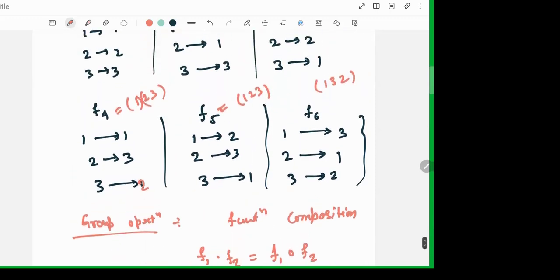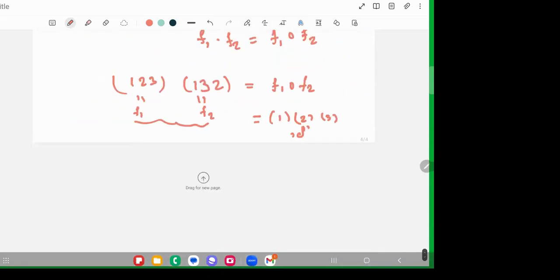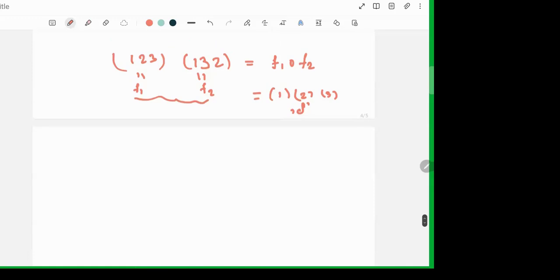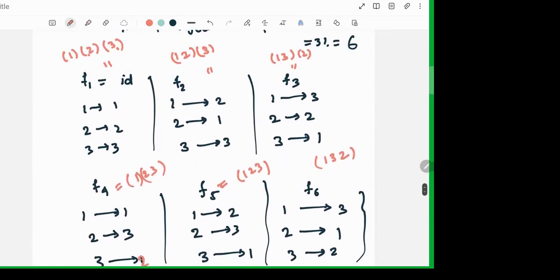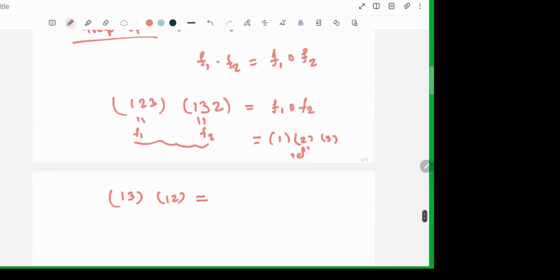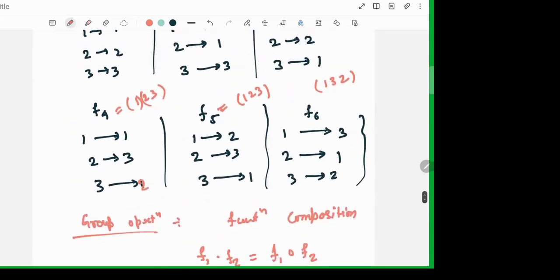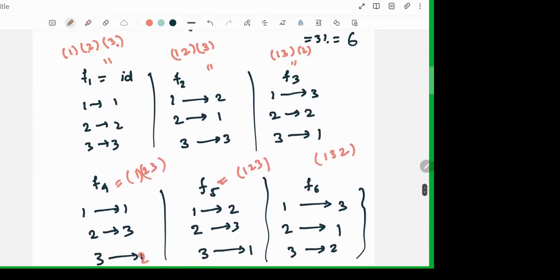Now you got how to compose, basically, without writing functions and all that, just by seeing the cycles in closed form. So let's write these two, (1 3) and (1 2). You have these two permutations. How do you compose them? Here there is a convention: I could write the full permutation, but in standard texts they avoid writing the identity part.